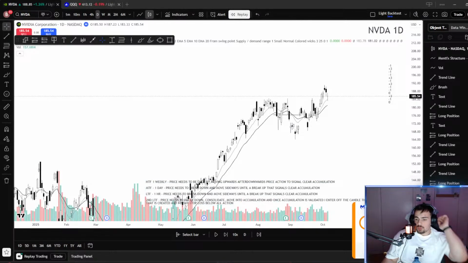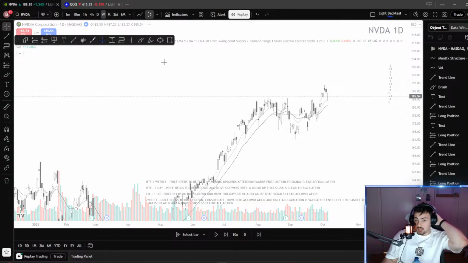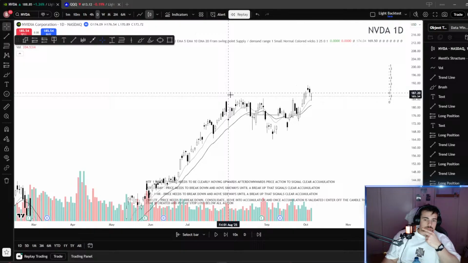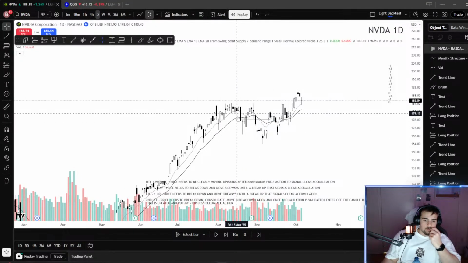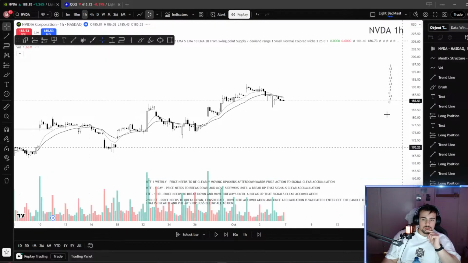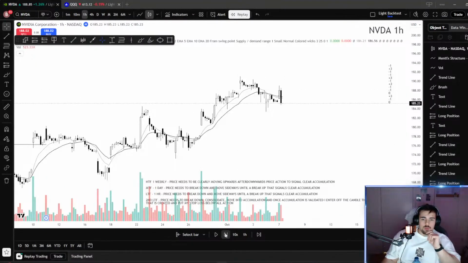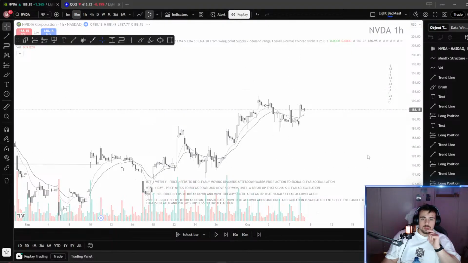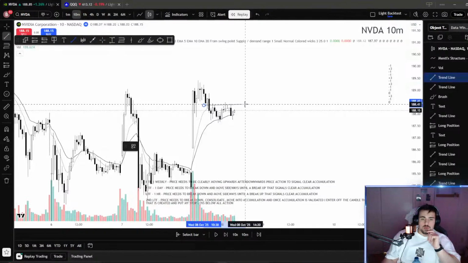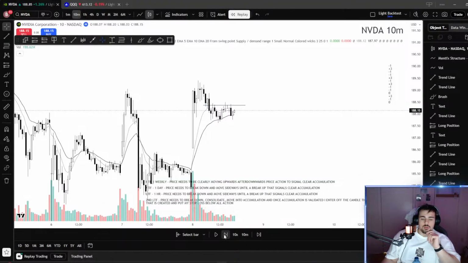Here we get a nice pullback. Just want to see what this looks like on the weekly. Looks good. 1 hour moving bearish, creates accumulation. 10-minute breaks down, creates a roof that we need to see get broken through right there.